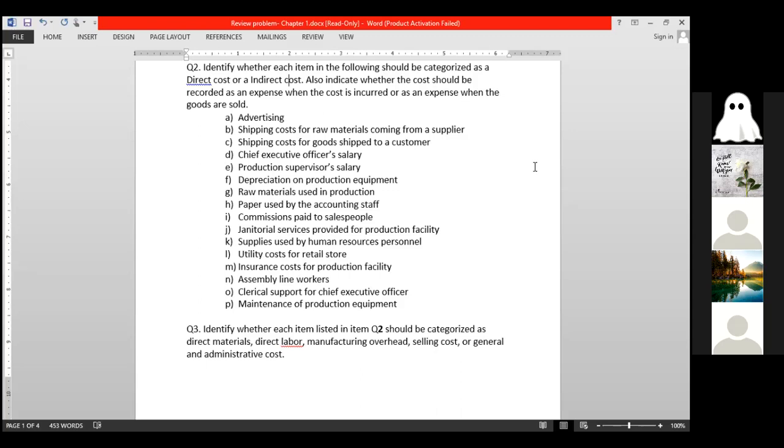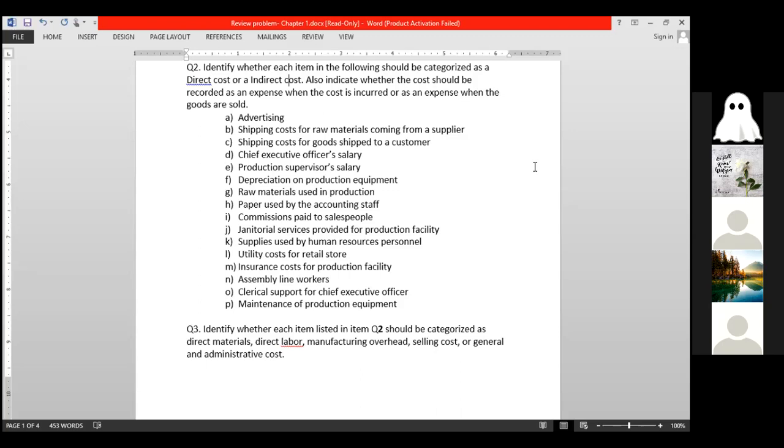If it was depreciation on office building or depreciation on office equipment and furniture, that would be an indirect cost because it has nothing to do with production. But this is depreciation on production equipment. So since that equipment is required for our production, the depreciation will be a direct cost.